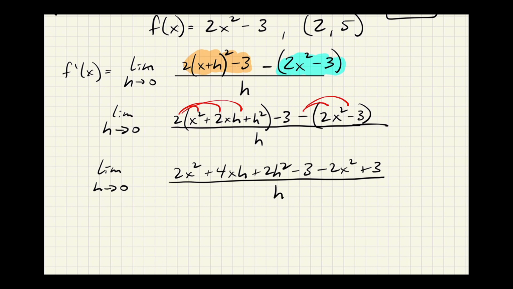When you do this, things should cancel out, especially things with only x's: 2x squared, negative 2x squared, negative 3, positive 3. The things with h's will stay.